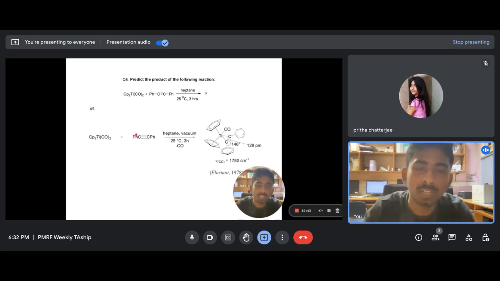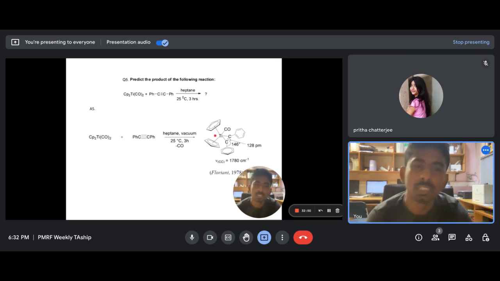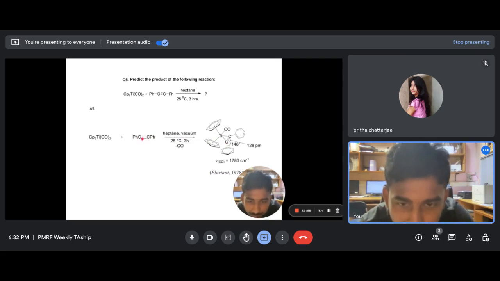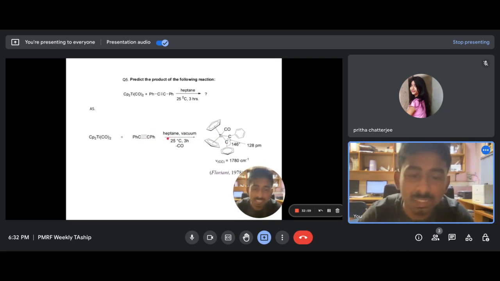Here there are 2 CO molecules present. One of the COs will be eliminated in presence of vacuum. So you see that 2 Cps are bound to this titanium center, and since diphenyl acetylene is given, it will be bound to the corresponding system.